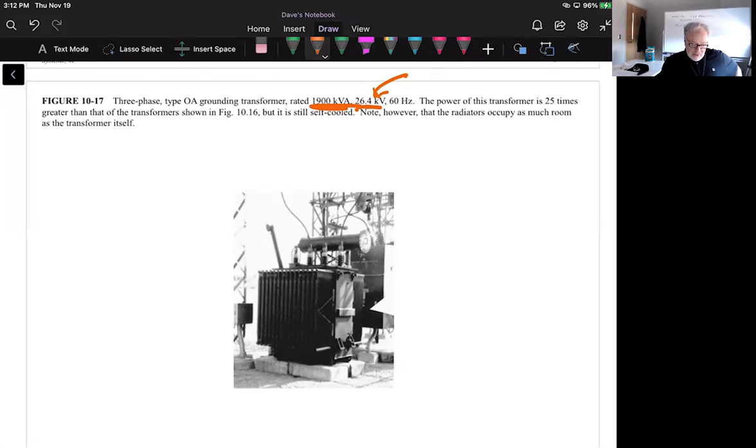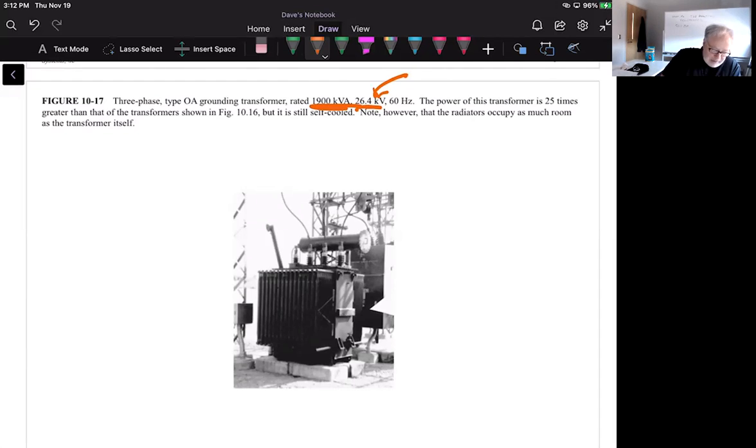Hot oil is drawn from the transformer tank and pumped to a heat exchanger where it flows through pipes. And I think we have some pictures of those too. And they're in contact with cool water. Such a heat exchanger is very efficient, but it's also very costly.